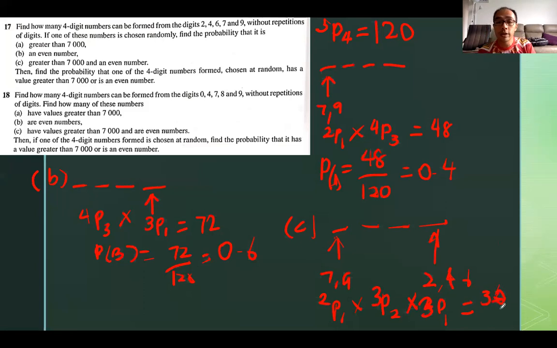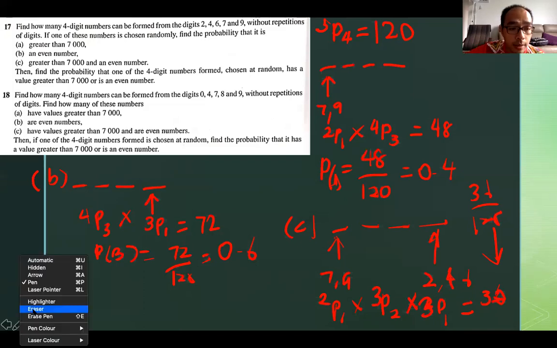Okay, so the probability of this happening is 36 out of 120. Wow, so bad. Sorry, wait.